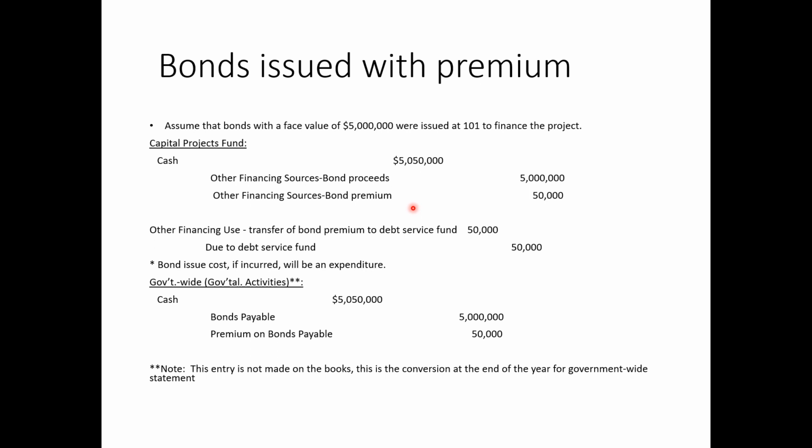Next, we're going to do something about the premium. So why do we get a premium? We get a premium because we set our interest rate for the bond higher than the market rate. That's why we have a premium.